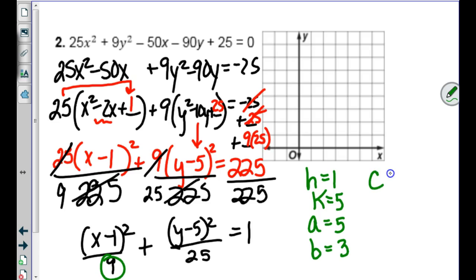What's the formula to find c? A squared would be 25, b squared would be 9. 25 minus 9 is 16, so c is just 4. So this would actually be a nice one to graph, but we know how to do the rest.